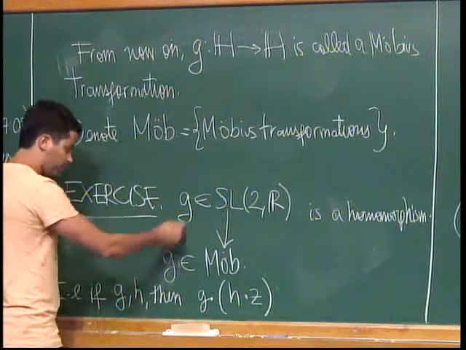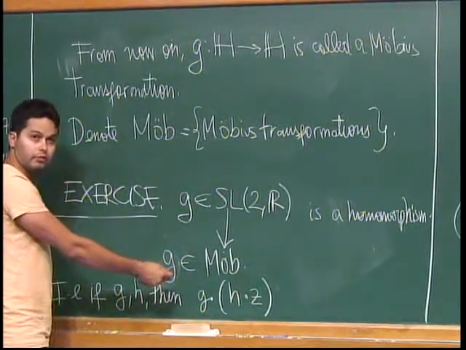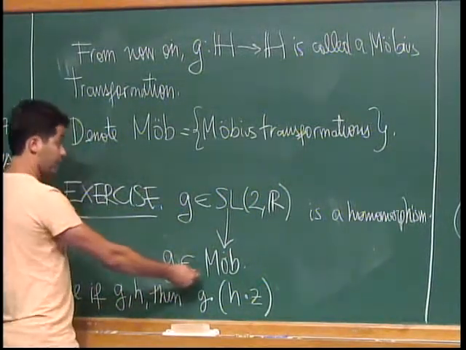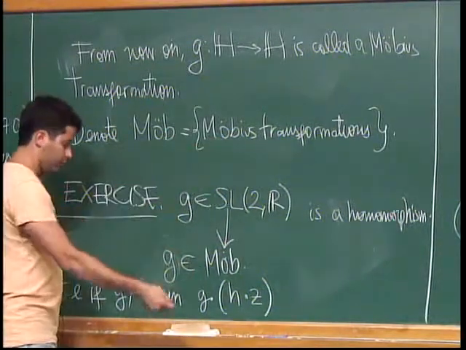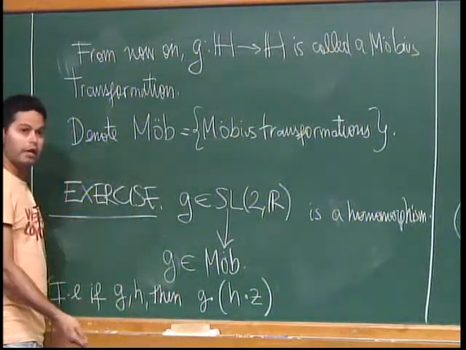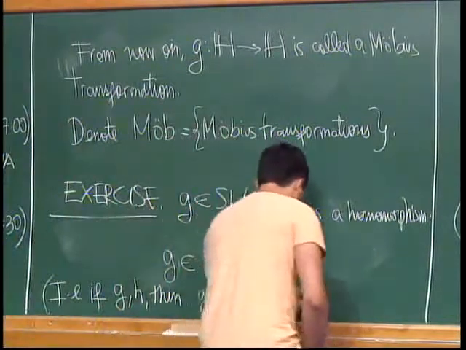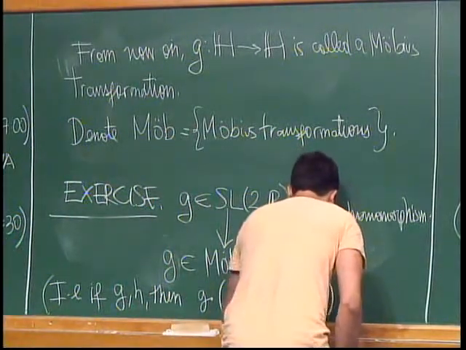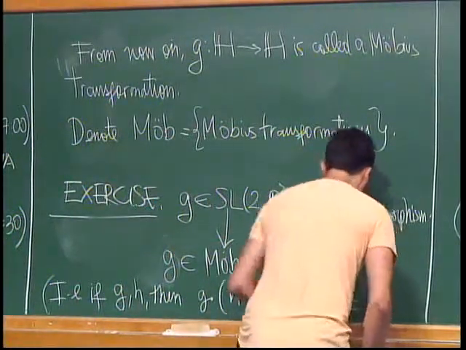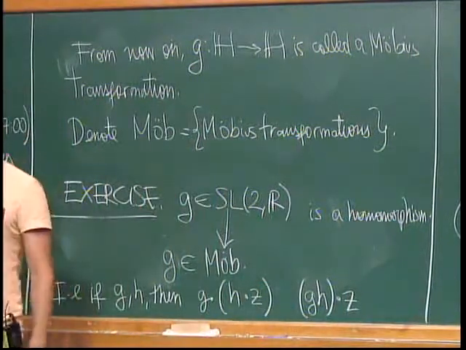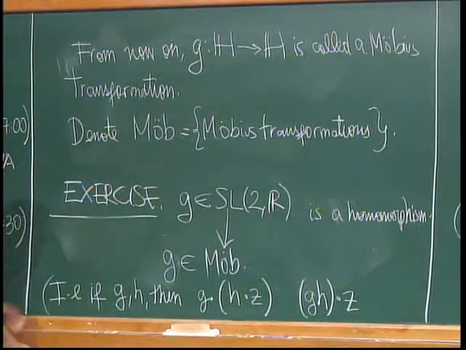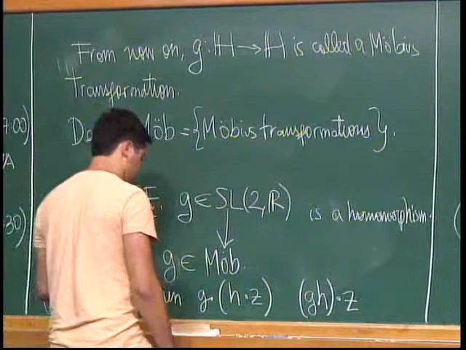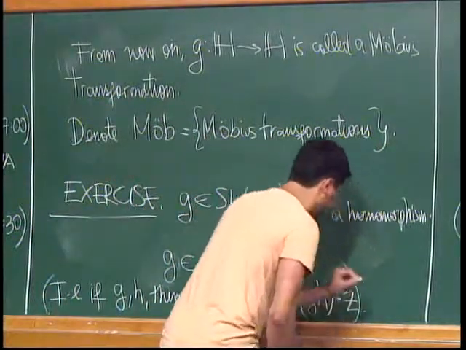And by this map, you can induce a Möbius transformation associated to GH. And if you are a Möbius transformation, you are a transformation acting on H. So you can also consider the point GH of Z. This gives a new point of H. So what the exercise tells us is that these two guys are equal.